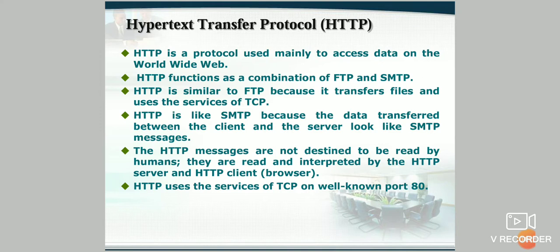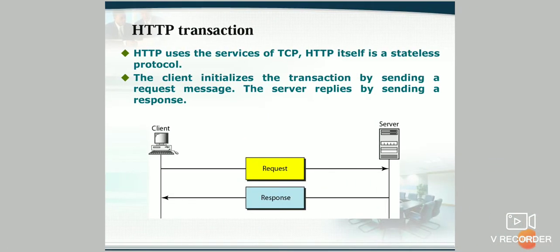Next, we will discuss HTTP transactions, that is, how the HTTP communication is done between the client and server. There are two entities, the client and the server, and the communication takes place between them.